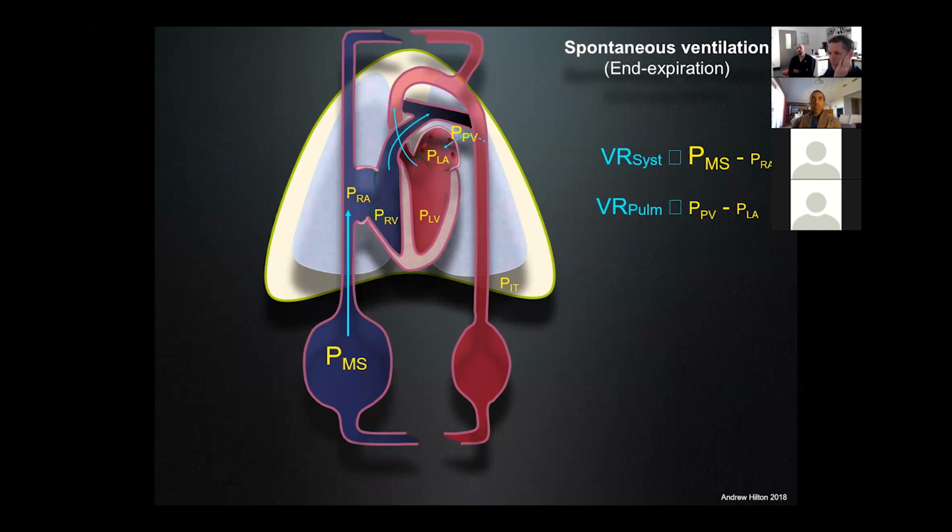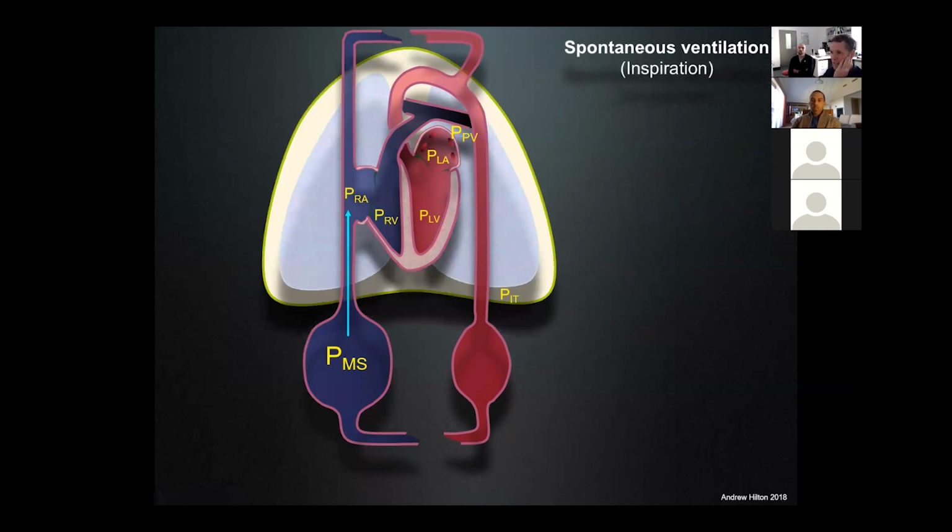All right, so let's take a breath in. As I take a breath in, I am going to reduce my intrathoracic pressure. That is going to cause my right atrial pressure to reduce, which is going to cause the pressure difference between my mean systemic filling pressure and my right atrial pressure to go up.